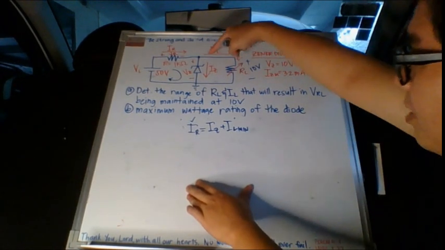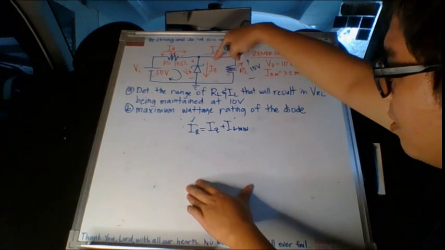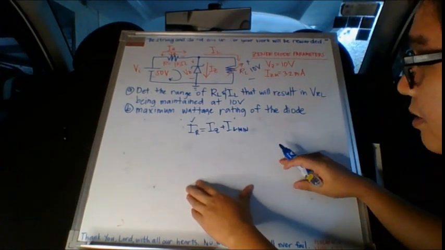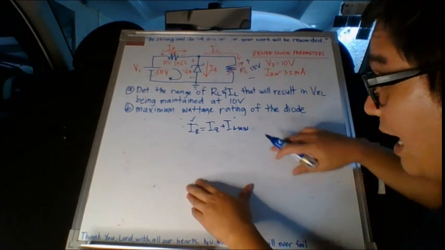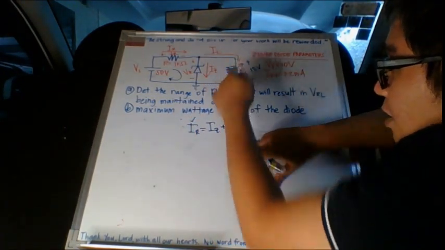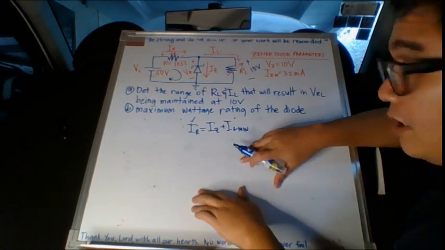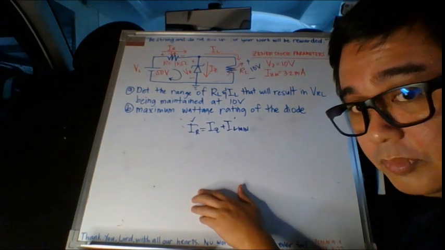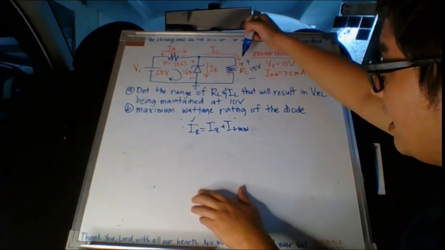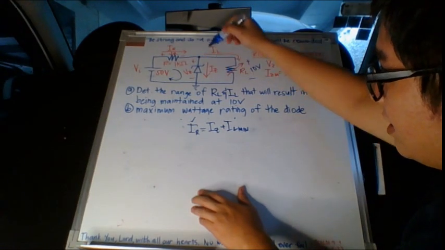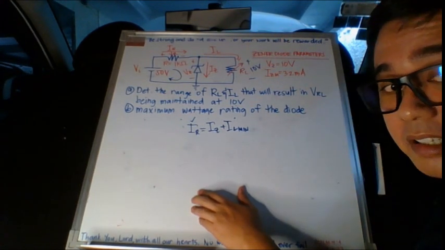Kung mababa yung kuryente dito, ano kaya yung kuryente ko dito sa Zener ko? Remember, meron tayong current divider. Nahati yung kuryente natin sa pagitan ng Zener at ng ating load resistor. Yung I sub R na yon, nahati dun sa dalawang yon. So kung mababa yung isa, mataas yung isa. Kung mababa naman tong isa, ay mataas naman yung isa.